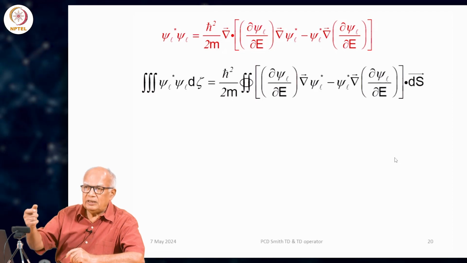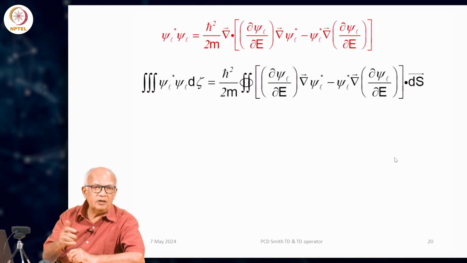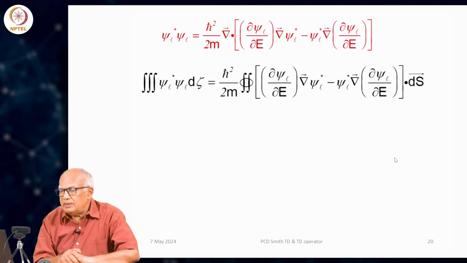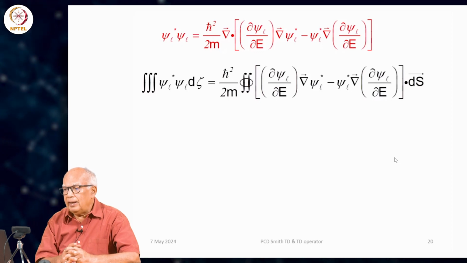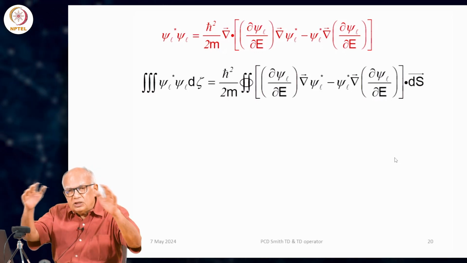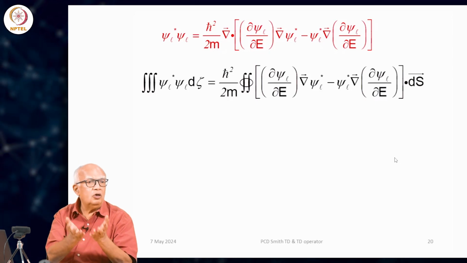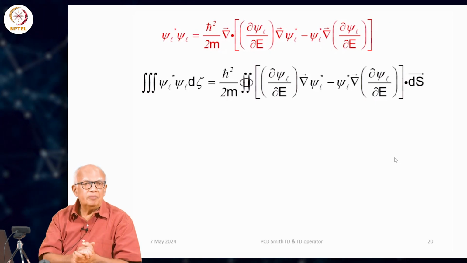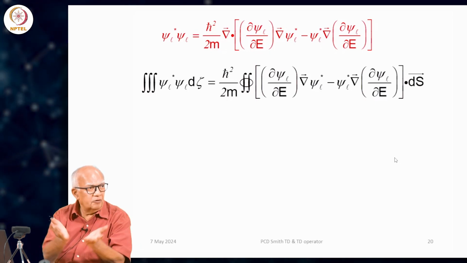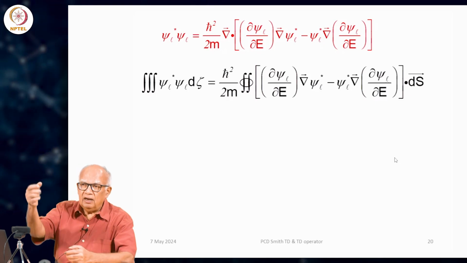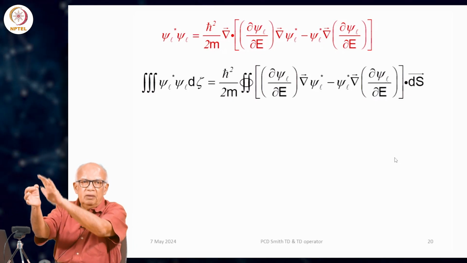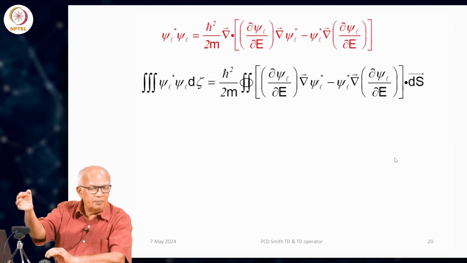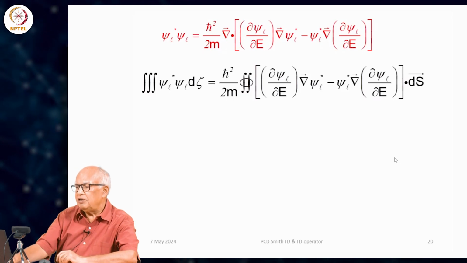The surface element is a vector, in fact it is a pseudo vector, and this is a surface integral over a closed surface which encloses the volume over which the integration is carried out on the left hand side. So, this is the closed surface. On this surface there are these small patches of surface elements, that is ds, which is a pseudo vector, and you carry out the surface integration.